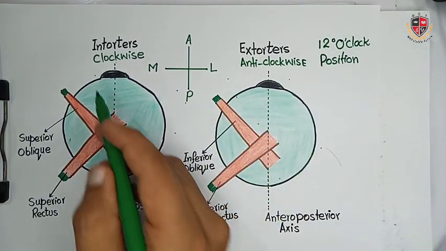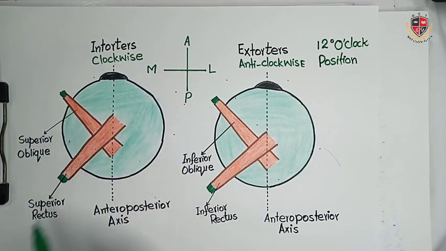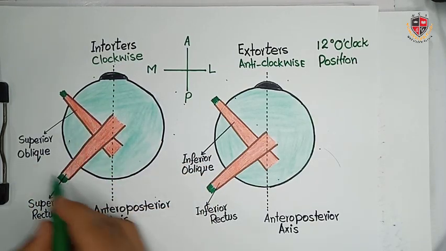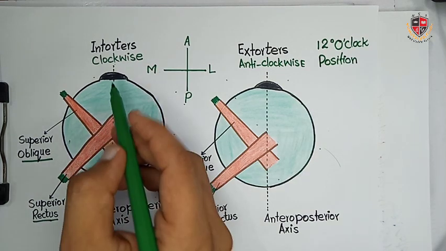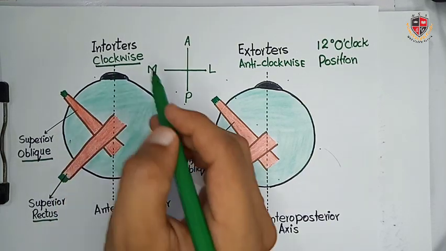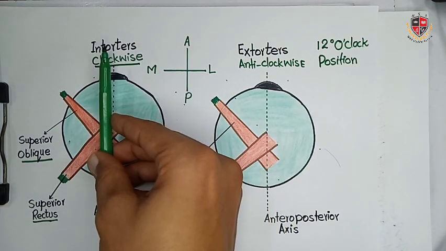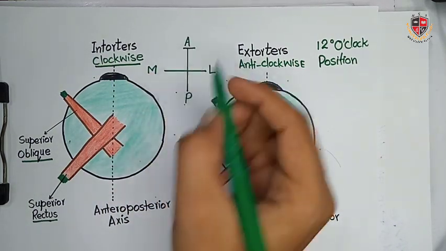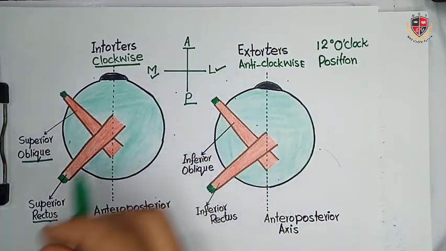Now we see the intorsion. Superior oblique and superior rectus are the intorters, and they cause the movement of the eyeball in clockwise direction, in clockwise rotation around the anterior-posterior axis. This is the anterior-posterior axis. This is anterior, this is posterior, this is lateral, and this is medial side.